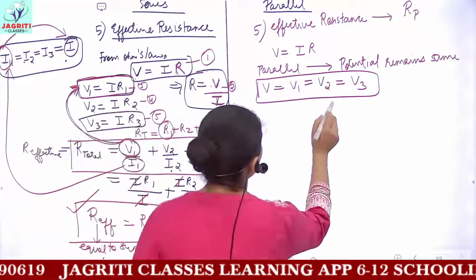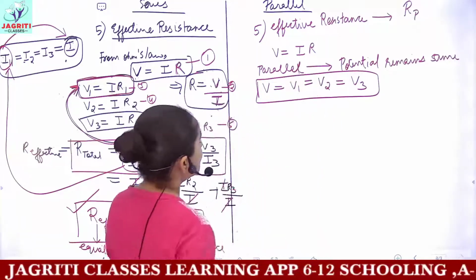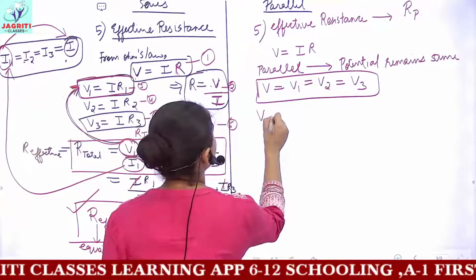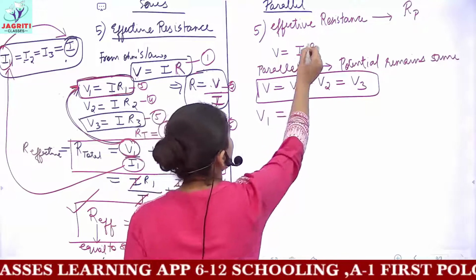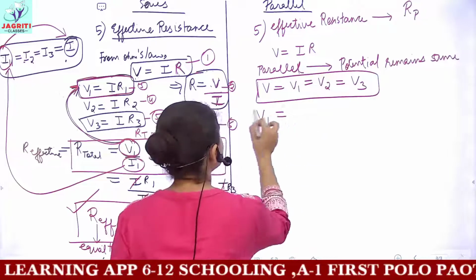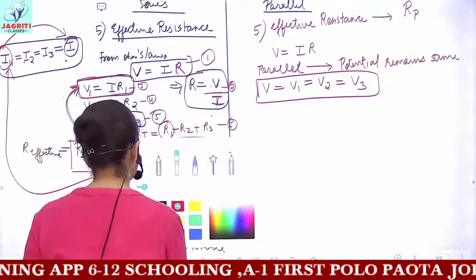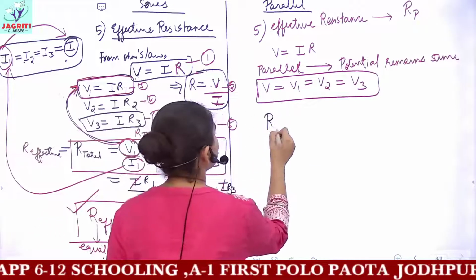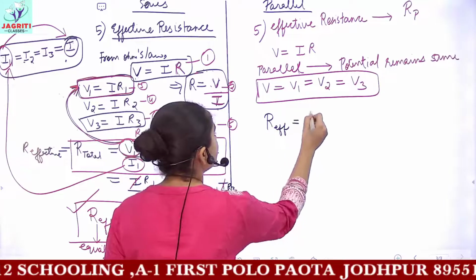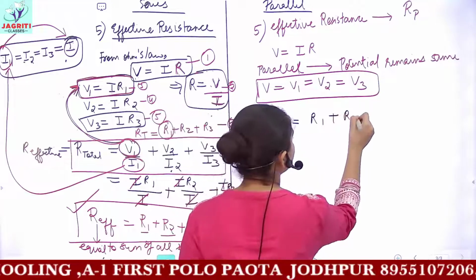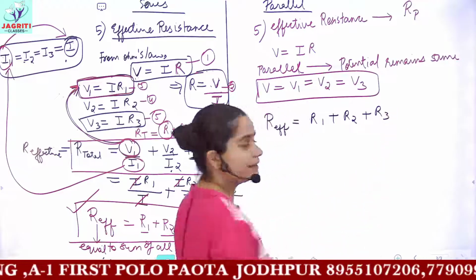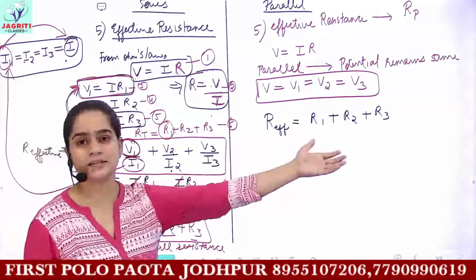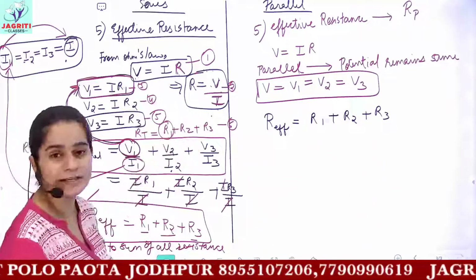Now we are finding what V1 would be. V1 would be I into R. Let's say R parallel, or R effective, would be R1 plus R2 plus R3.